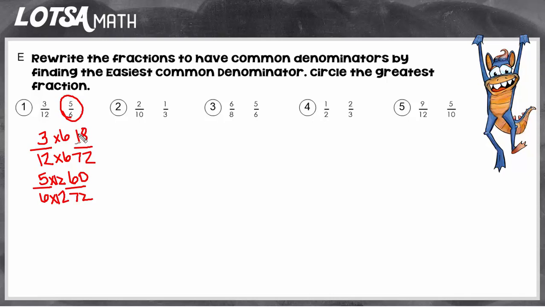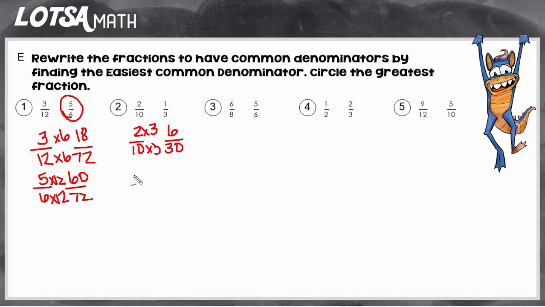So the directions say circle the greatest fraction. So for number 2, we're going to do the same thing. We start with our fraction, and we're going to create an equivalent fraction with a special denominator, and that's going to be 30, because I'm going to multiply the denominators, 10 times 3, and make 30. Now I'm just going to use multiplication to figure out my numerator. So 10 times 3 is 30, and 2 times 3 is 6.